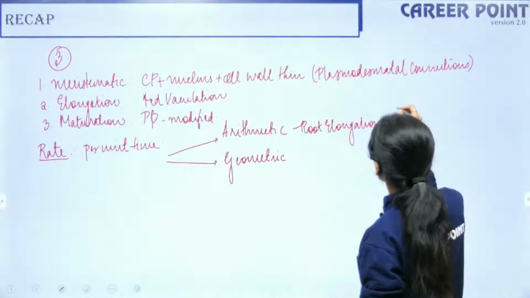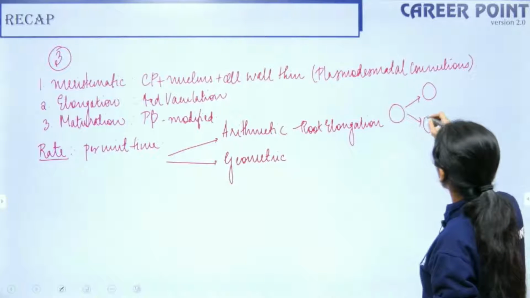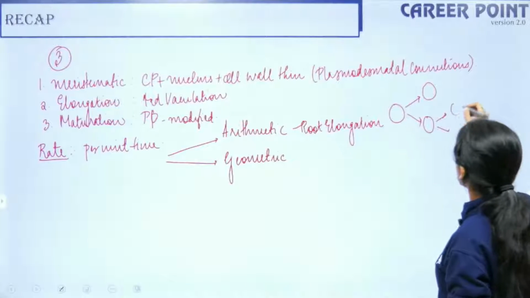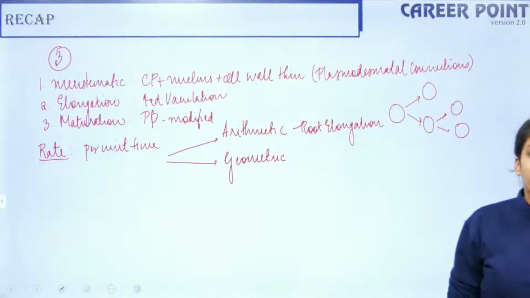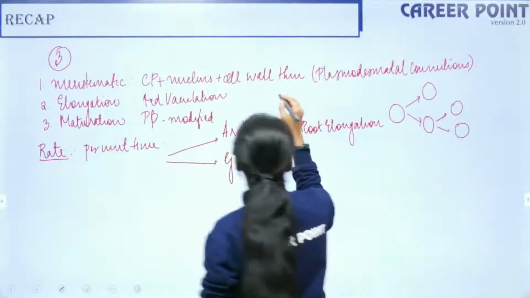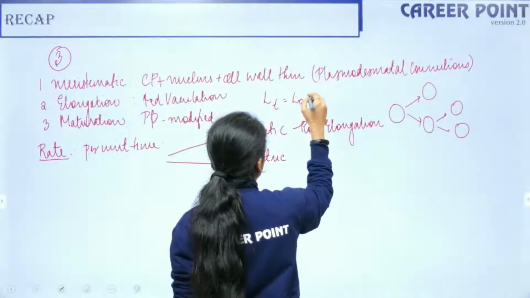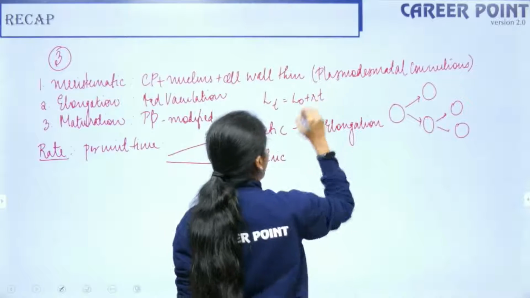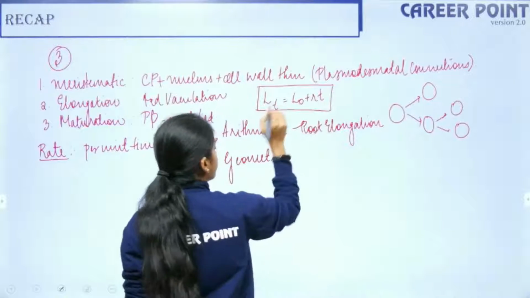In arithmetic, if a mother cell gives rise to two daughter cells, only one daughter cell retains the ability to divide, the other does not undergo division. So this is your arithmetic growth rate. What is the formula? Lt is equal to L0 plus rt. So this is your arithmetic growth rate.